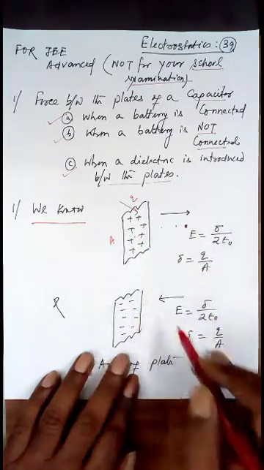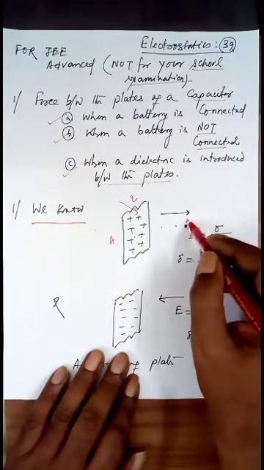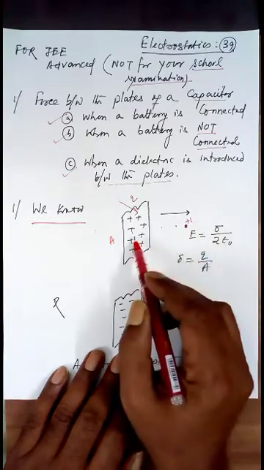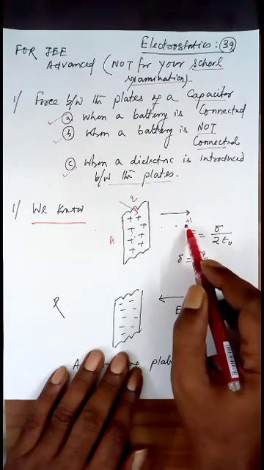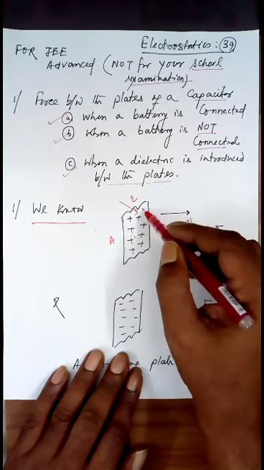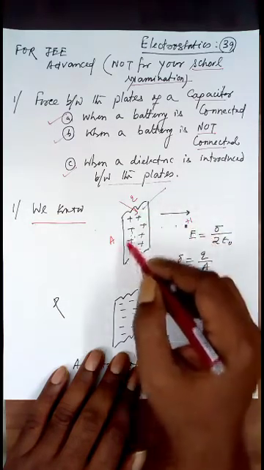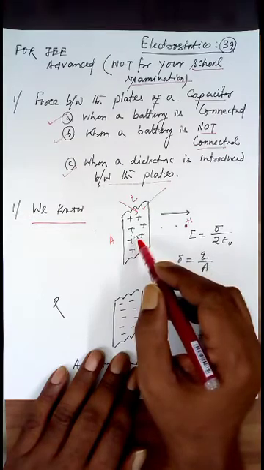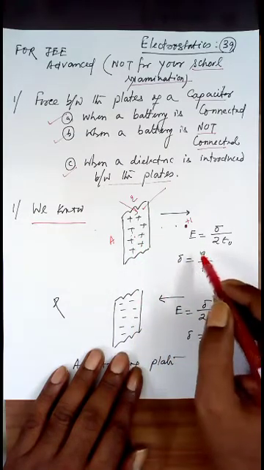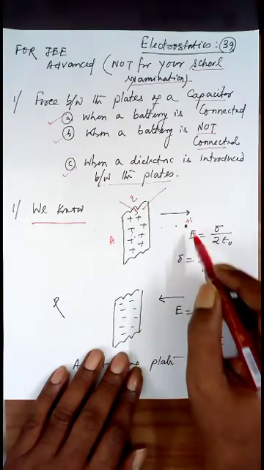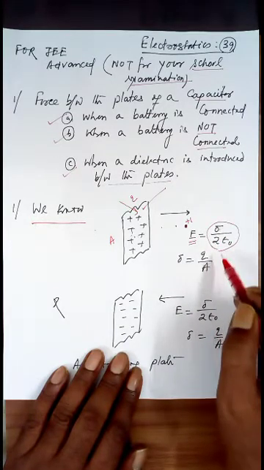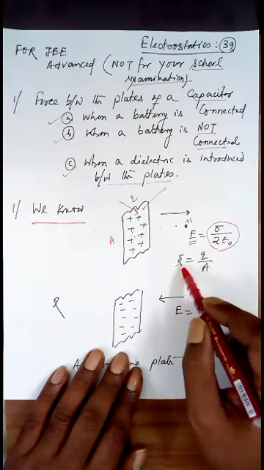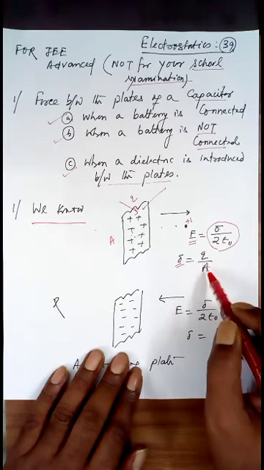Means when a test charge was kept here, how much force was experienced by this test charge due to this charge configuration having charge Q distributed on an area A. We had derived that the electric field was sigma by 2 epsilon naught, where sigma, the surface charge density, is equal to charge over area.